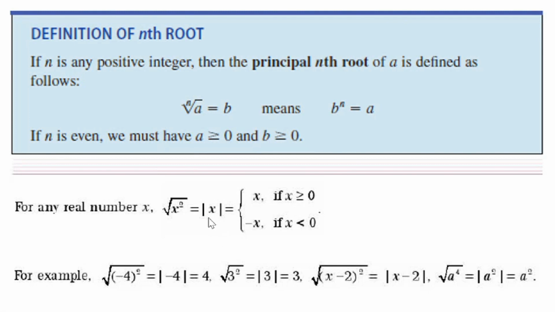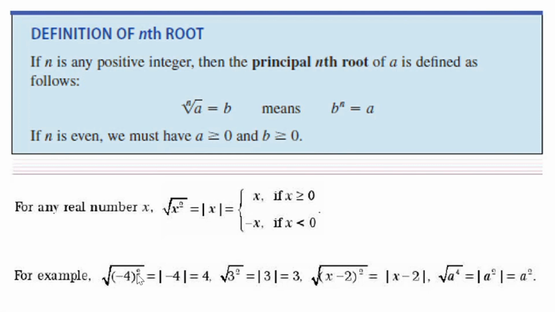The absolute value of x is equivalent to x if x is greater than or equal to 0, and negative x if x is less than 0.